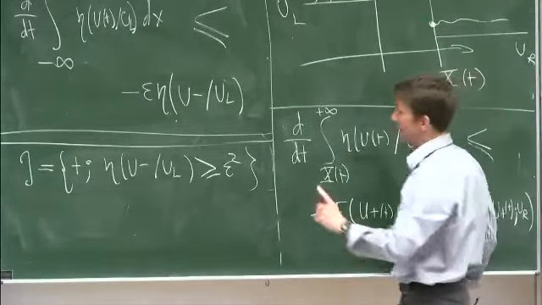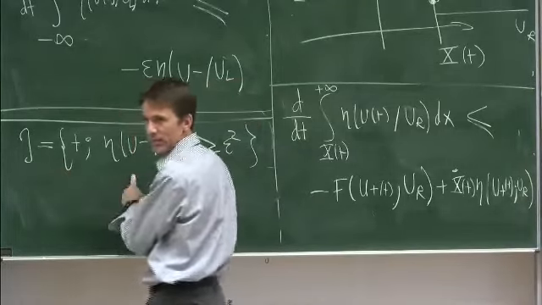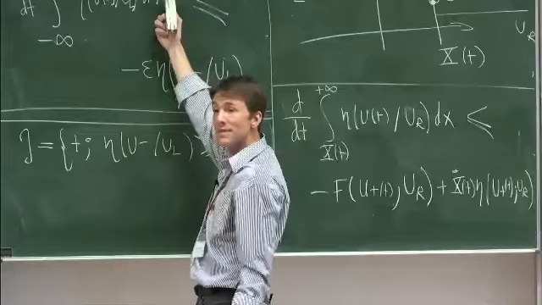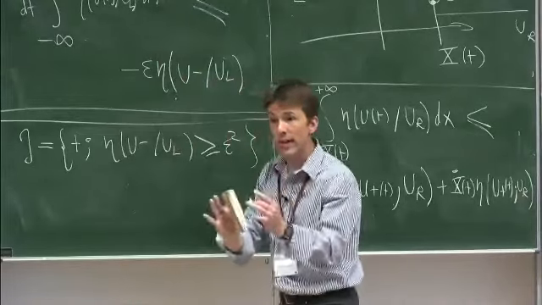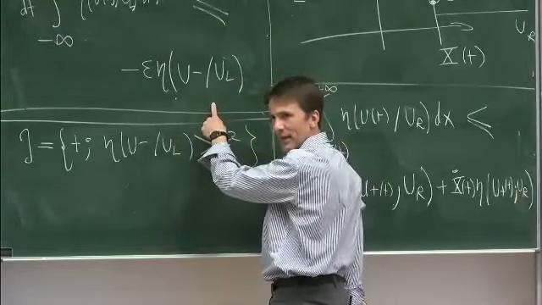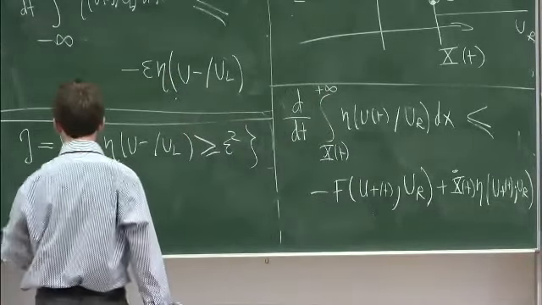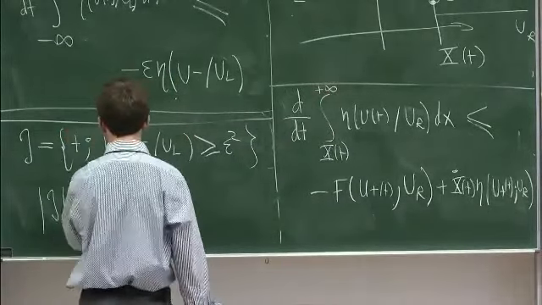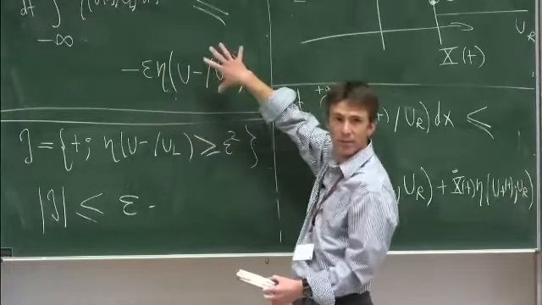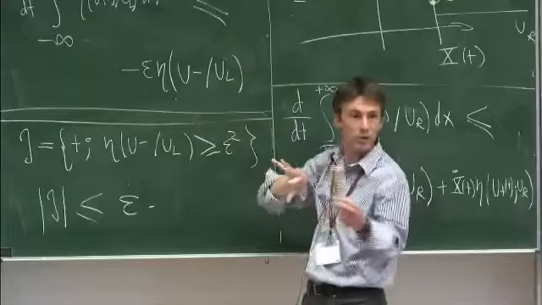But what I can say is that I control those bad guys, because this cannot happen very much, because on the left you have just epsilon 4. So each time you have such a time t, here you lose epsilon 3, and you have epsilon 4. So actually it can happen only on a volume of time which is of order epsilon. Each time it goes crazy, it costs epsilon 3, so you can do it only for a time of order epsilon.